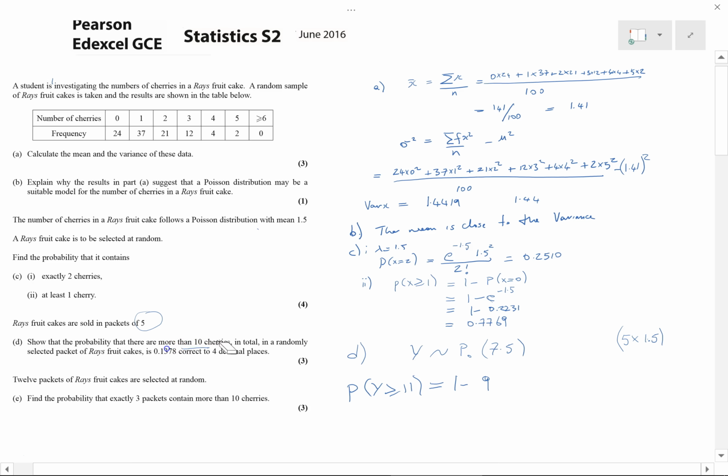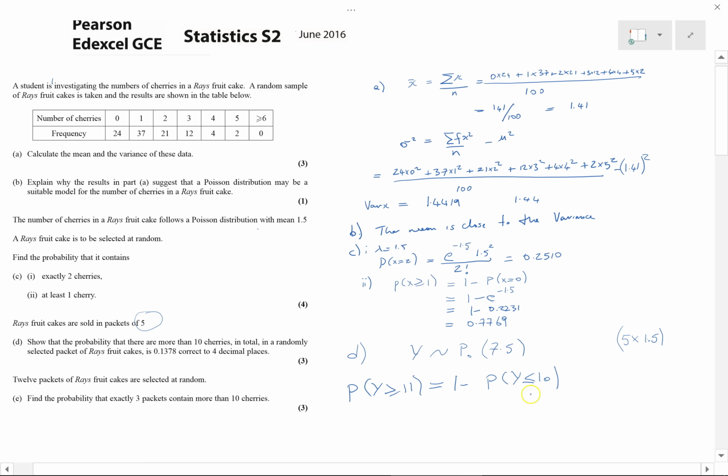So be careful with your inequalities here. So that's giving us 1 minus the probability of all of the ones up to 10, so y is less than or equal to 10.